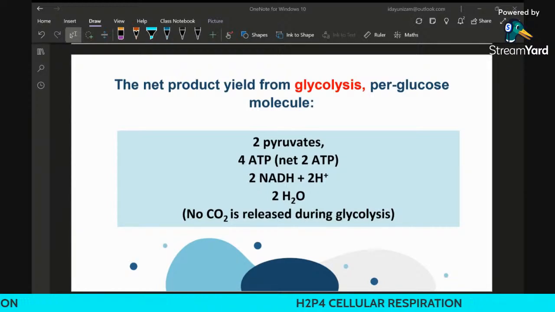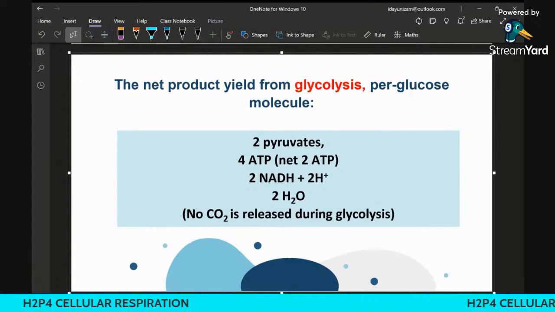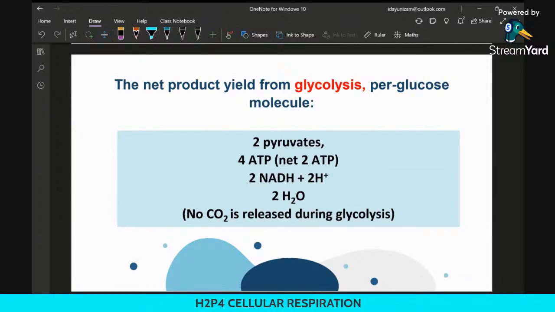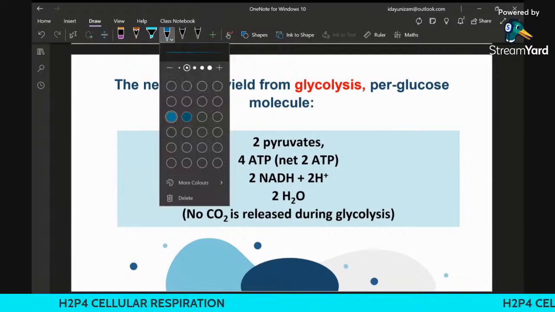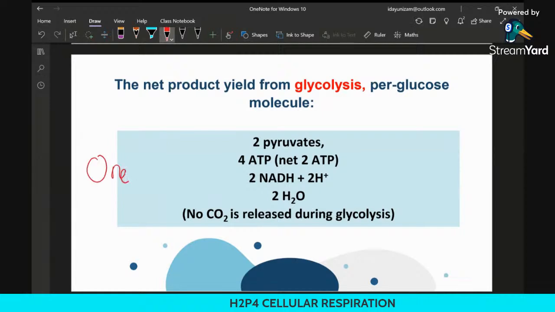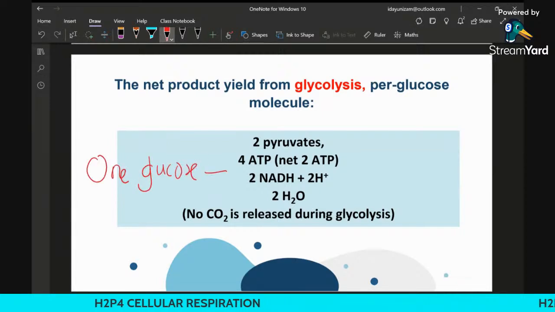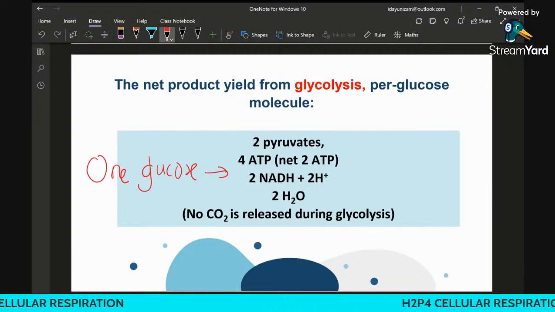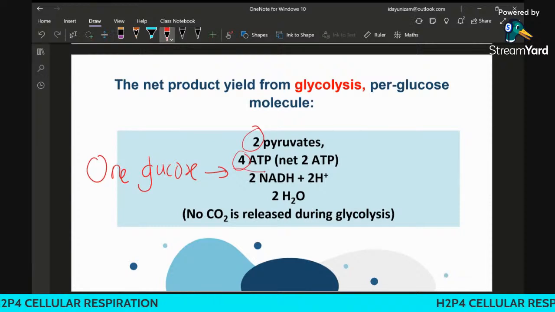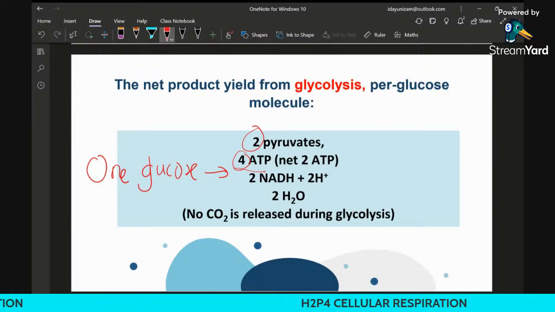One glucose molecule will produce, as the final products, 2 pyruvate and 4 ATP. From all the steps, from step 6 onwards, where do the 4 ATP come from, class? Step 7 and step 10.